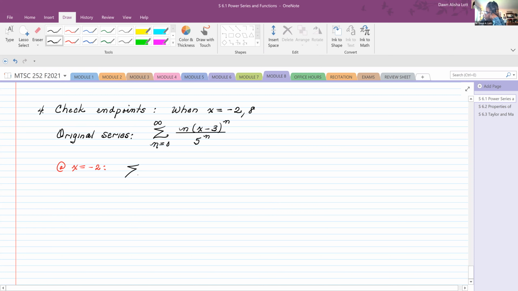So we get the sum n equals 0 to infinity of n times (-2 minus 3) to the n, divided by 5 to the n. And that gives me the summation n equals 0 to infinity of n times -5 to the n over 5 to the n. So that's going to give me (-1) to the n times n.